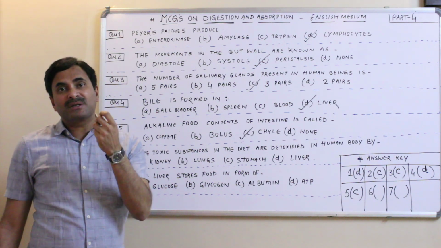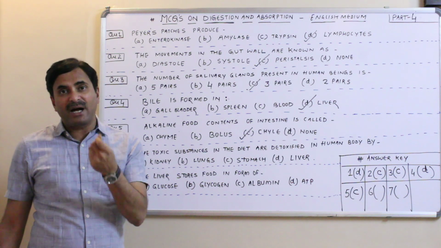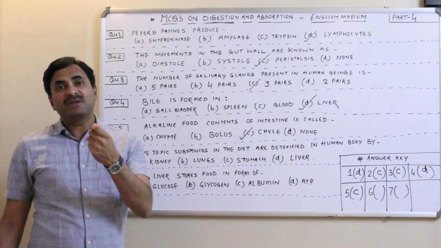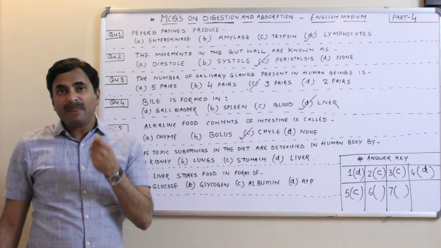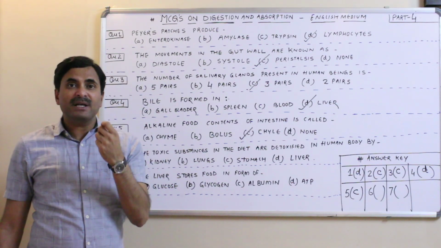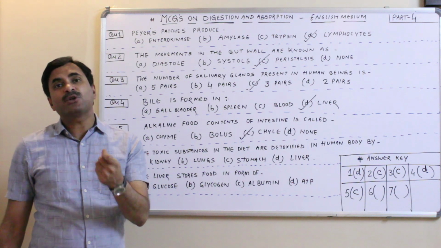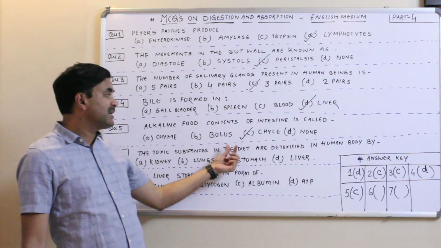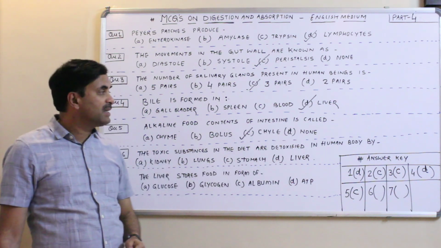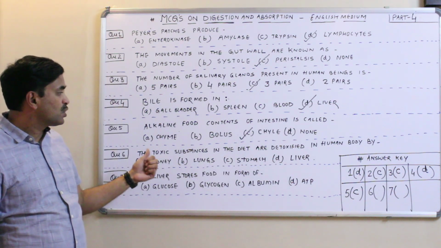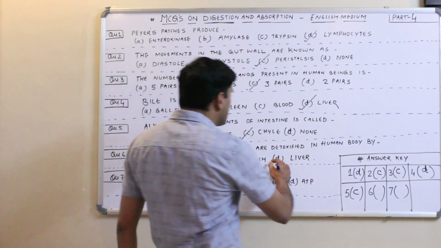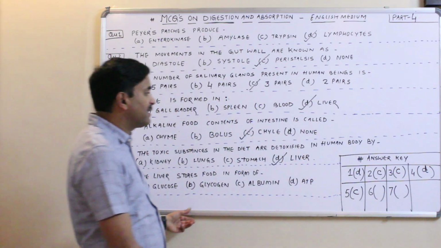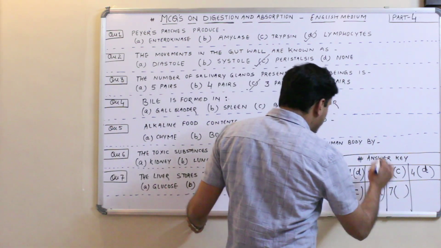Before those veins open in the heart, they first open in the liver and then move towards the heart. Why? Because the liver is meant for the detoxification of substances. So the detoxification occurs in the liver. So question number 6 has the answer D.